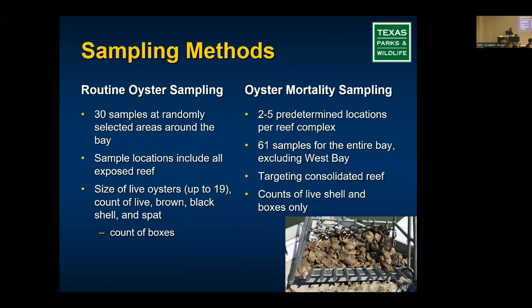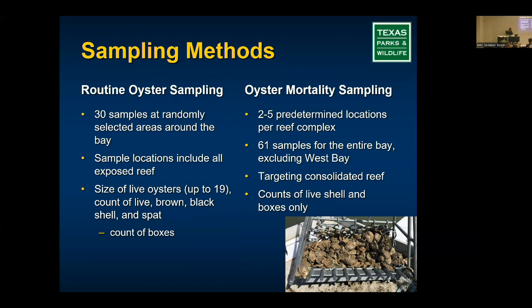So in response to these mortality reports, the Galveston Bay team conducted a specialized oyster mortality sampling in addition to our bi-monthly routine oyster sampling. Our routine oyster dredge sampling is part of our routine sampling program. We do 30 sample locations randomly around the bay each month.